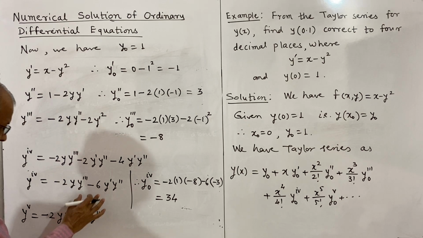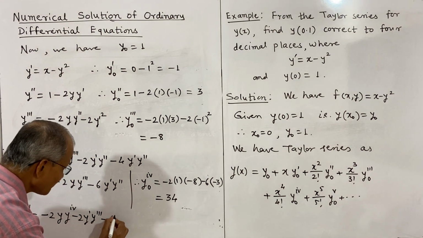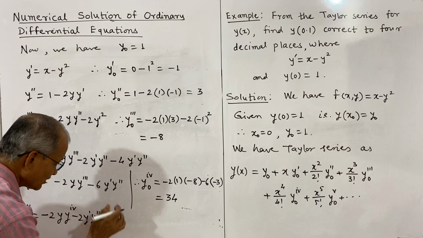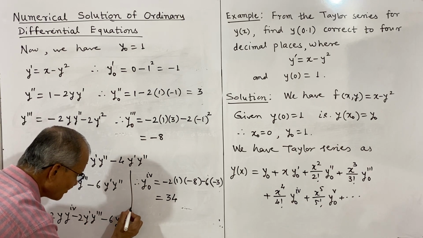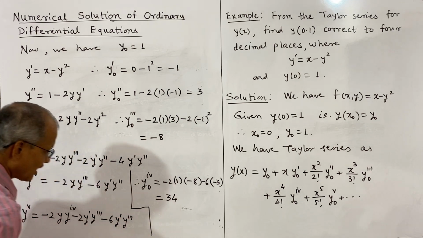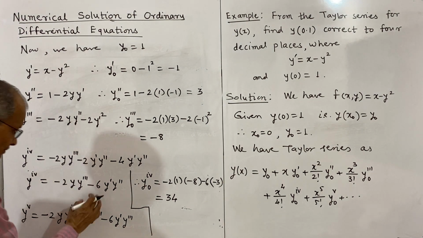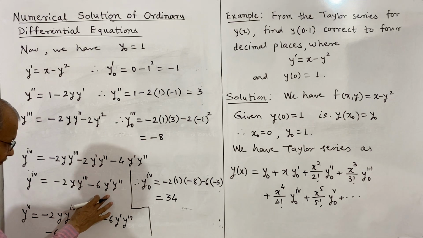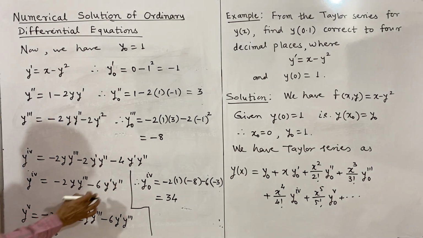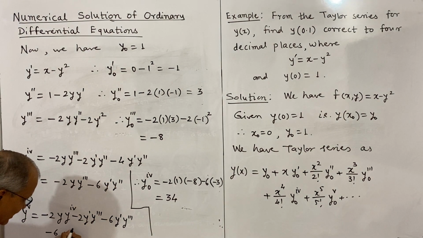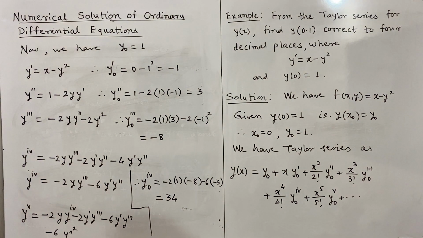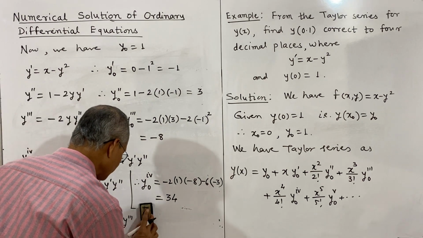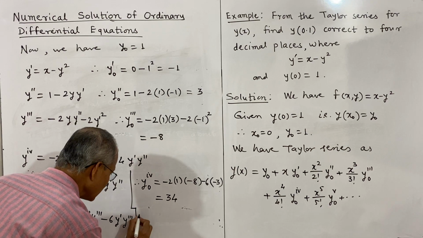Next is minus 6 y dash into the derivative of y double dash, which will be y triple dash, and further minus 6 into the derivative of y dash, that is y double dash into y double dash, that is y double dash square. So this much is the derivative, and you see this value at 0, so I shall write here.